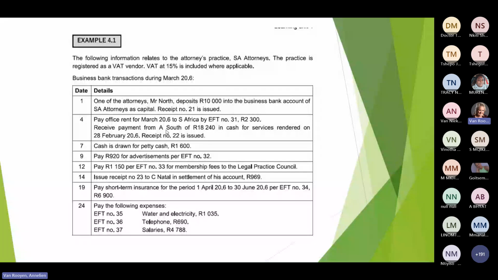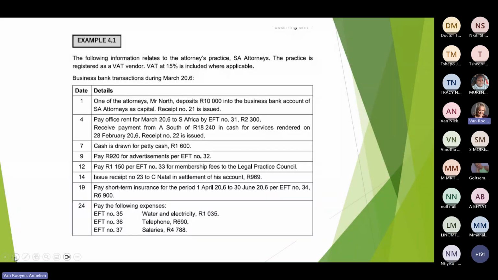There will always be a word in there that will guide you whether it's an expense or an income. So if we pay these expenses, water and electricity, telephone, salaries, they are all credit in the bank. The bank is getting less because of these, and we will debit water and electricity, telephone, and salaries. Happy?